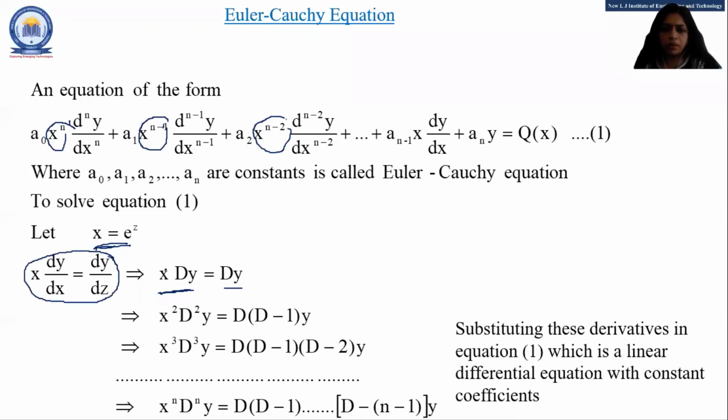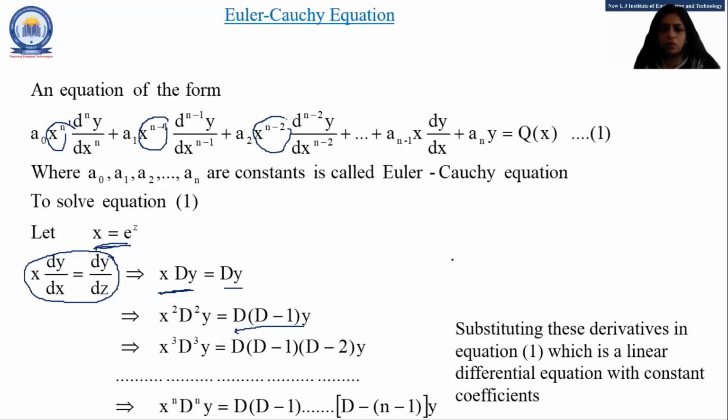You just remember that x dy by dx is equal to just D y. Now x square d square y by dx square is equal to D(D minus 1) y. Right, students? These are the most important steps for you.